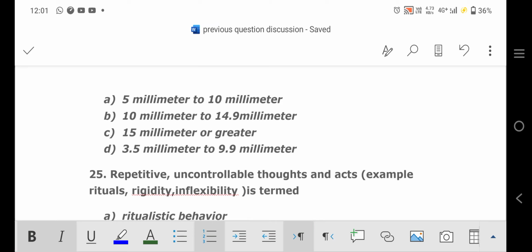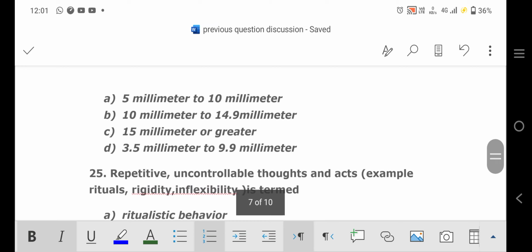Option C, 15 mm or greater. Option D, 3.5 mm to 9.9 mm. Here the answer is option C, 15 mm or greater.